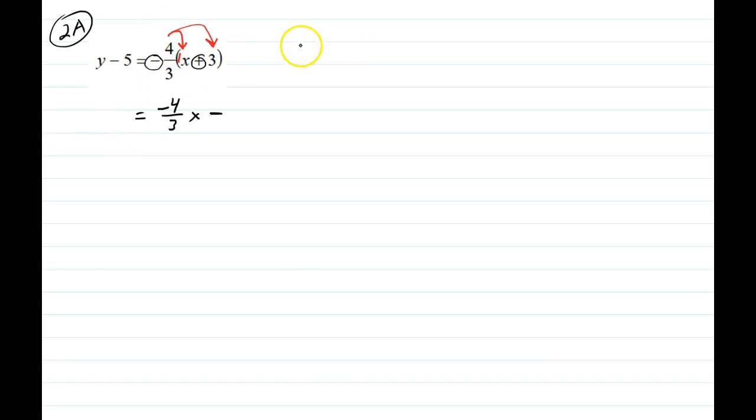So now we're really doing 4/3 times 3, which is really just 3 over 1, which becomes 12 over 3, and 12 divided by 3 equals 4. So this right side, negative 4/3 times positive 3, just gives us minus 4.